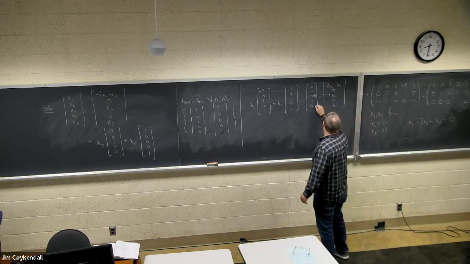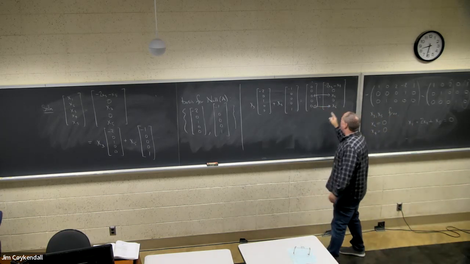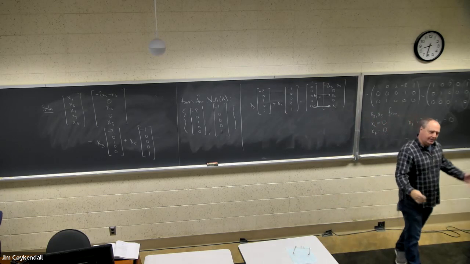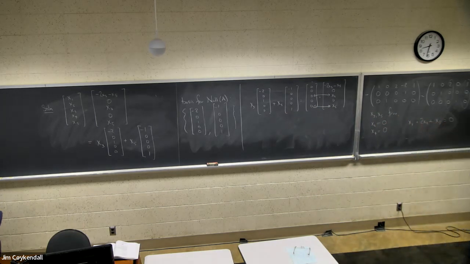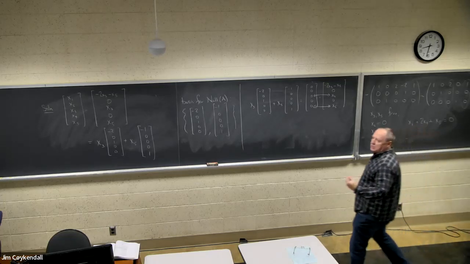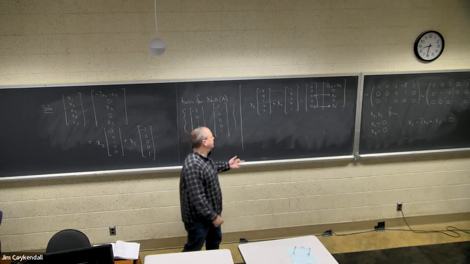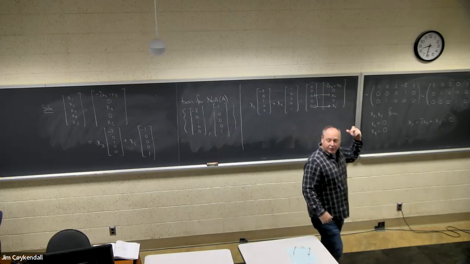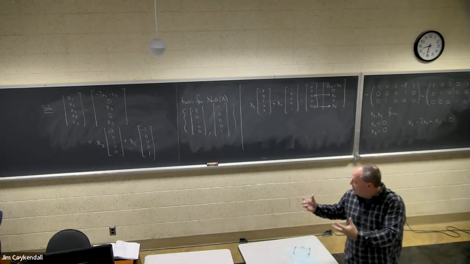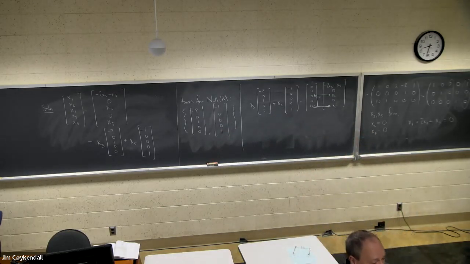And if it's a zero vector, then these two have to match. So x5 is 0, and bang, you're done. It's linearly independent. Now, this is always the way that we get the basis for the null space: solve the homogeneous equations. The free parameters are basically the multipliers, and the vectors that they multiply are your linearly independent basis.